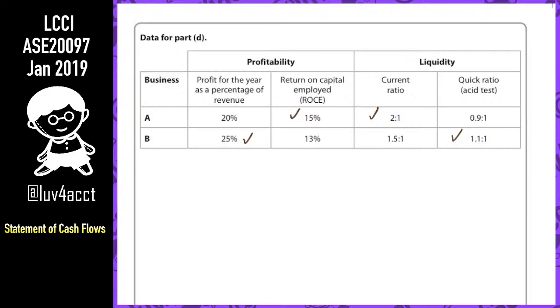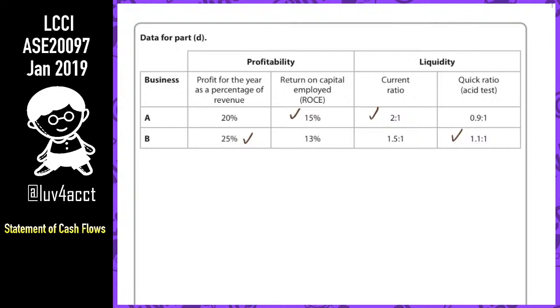And then for liquidity, business A has a better current ratio, but business B has a better quick ratio. For me, I would prefer business B as better, because for the liabilities you have to pay, the acid test ratio is a more important ratio.